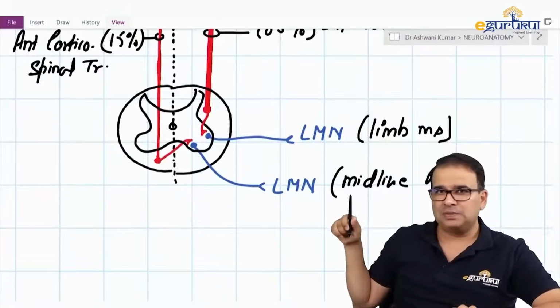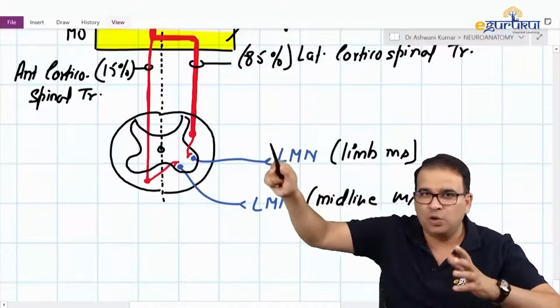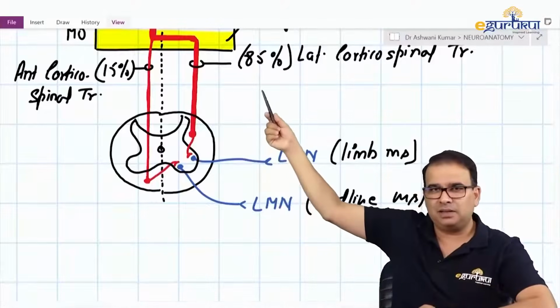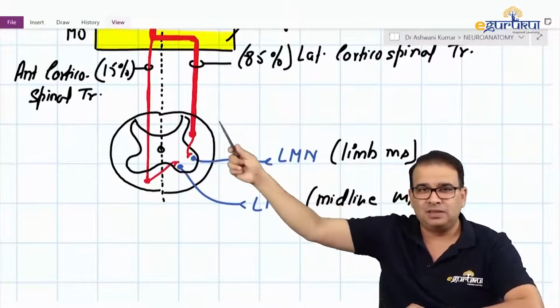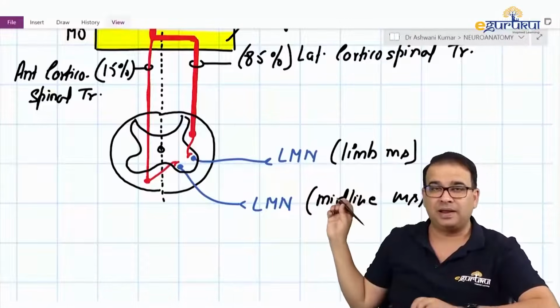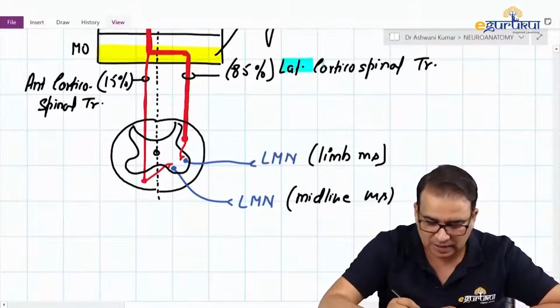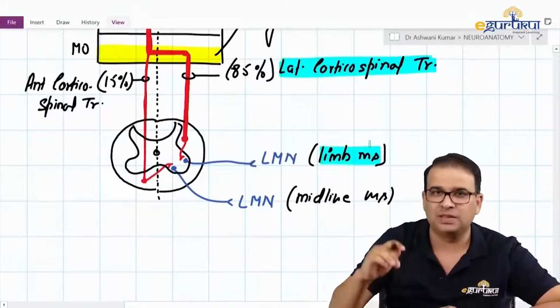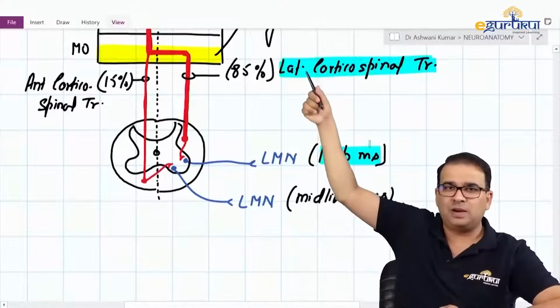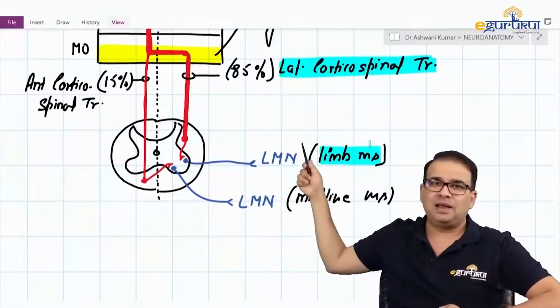So this also tells me that the lateral corticospinal tract and anterior corticospinal tract differ not only in that one is decussating and one is not decussating in the medulla. The other difference is what muscle they are going to supply. The lateral corticospinal tract is going to supply the limb muscles, which you can remember with the letter L. L, lateral corticospinal tract, coming to the lateral nucleus of the ventral horn, supplying limb muscles.